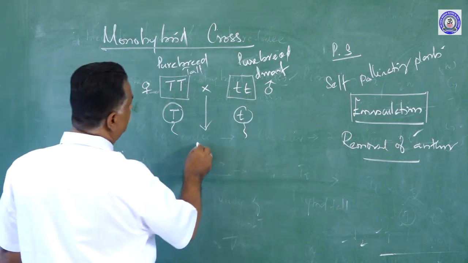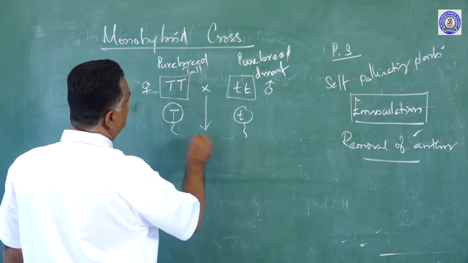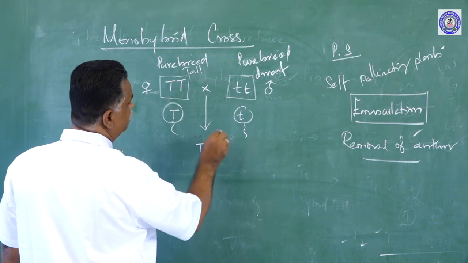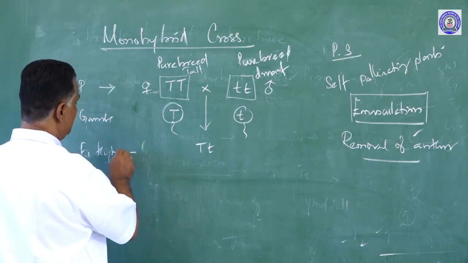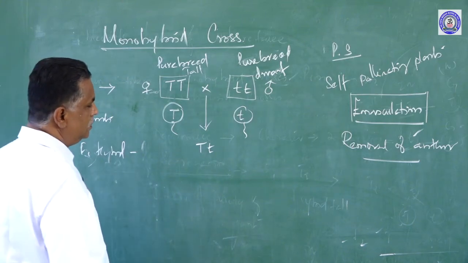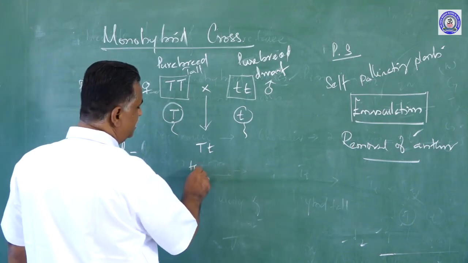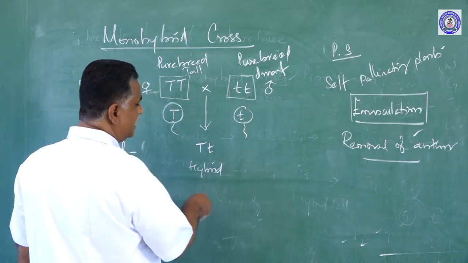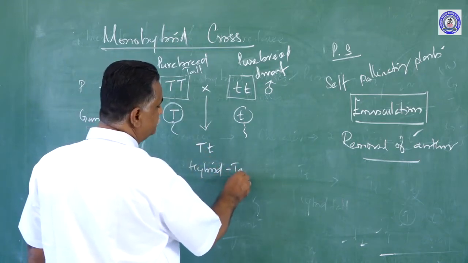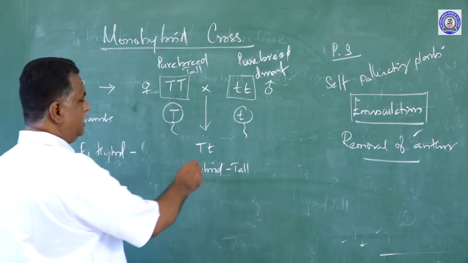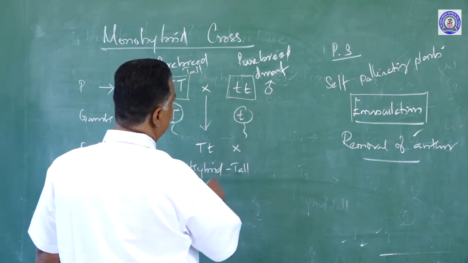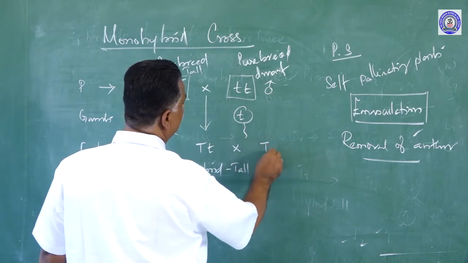We get an F1 hybrid, that is capital T, this one and this one, capital T and small t. This is an F1 hybrid. The character expressed is tall. So hybrid tall. And he crossed, self-pollinated this, capital T, small t.